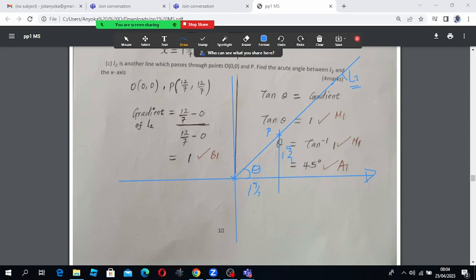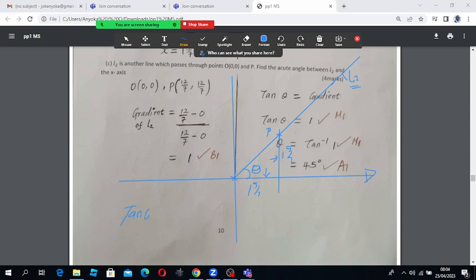Considering this angle, this side becomes opposite and this one becomes adjacent. Which trigonometric ratio is measuring opposite and adjacent? Tangent.